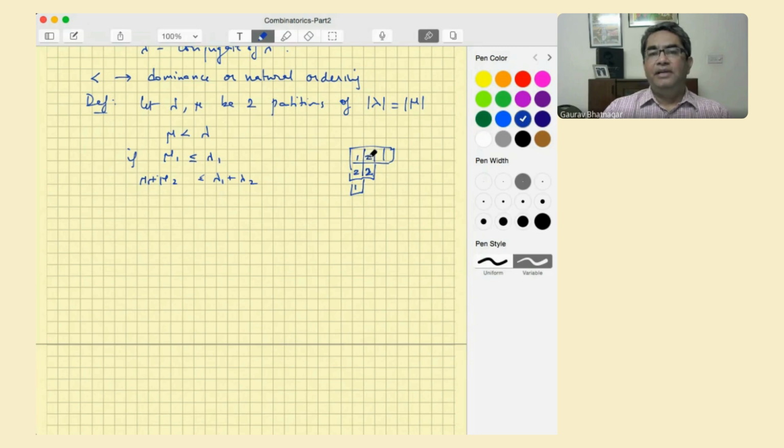The way to capture it is to say that this lambda1 starts as x1 raised to 2, x2 raised to 3. This 2 has to be less than or equal to the first term, and 2 plus 3 has to be less than or equal to the sum of the first two terms, and so on up till mu1 plus ... plus mu_n is less than or equal to the corresponding sum.